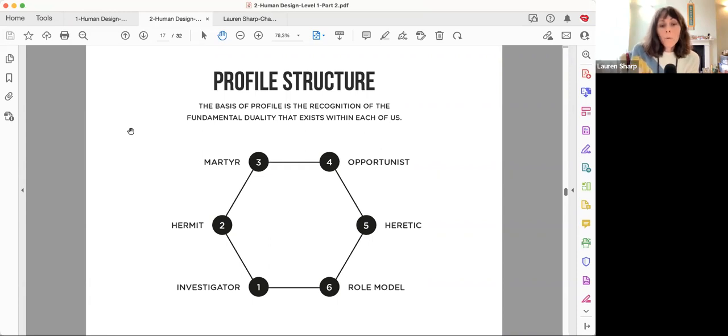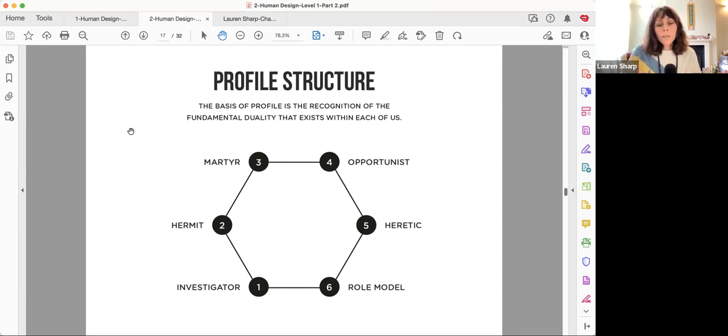So with a 1, the 1 is very much the investigator, teacher aspect. A 2 in your profile is a hermit, withdrawal aspect. The 3 is a martyr. A 4 is the opportunist in terms of community, people, tribe. 5, heretic. 6, role model.